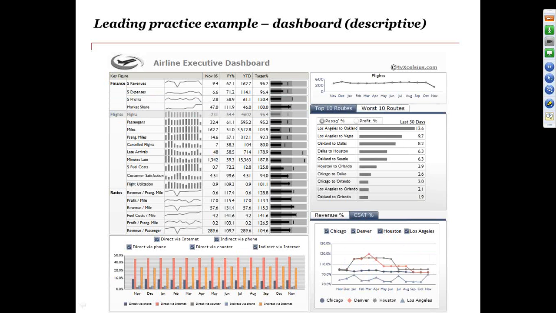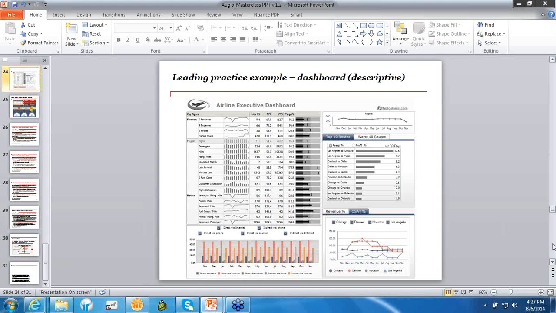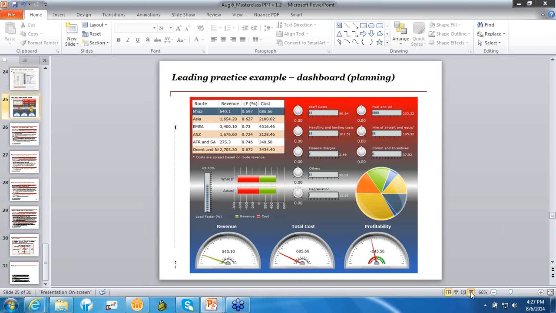Similarly, the next one I wanted to show you was a slightly different view. Whilst the previous screen was more in terms of looking at the historical data and looking at the trends or patterns, this particular visualization is more in terms of doing the future planning.